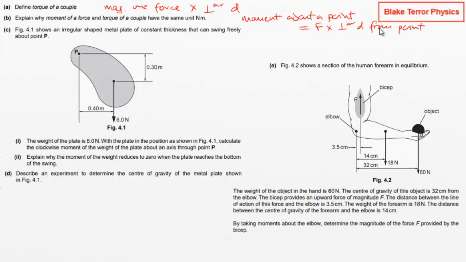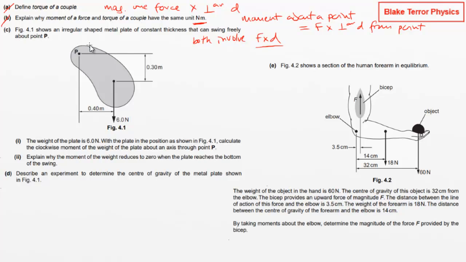So both of these involve a force multiplied by a distance. We've already defined the torque of a couple in the first one. So if you define what a moment is and then say both of them involve force times distance, then we've got that unit of Newton meters. That's the first two bits done.